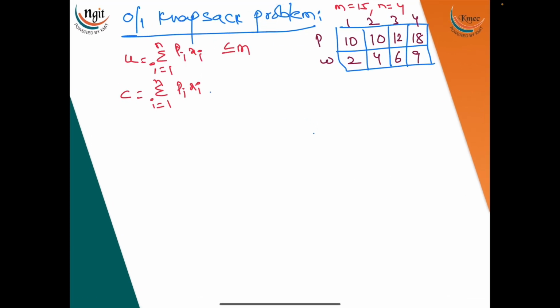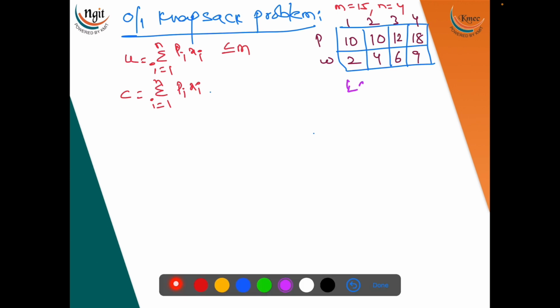So I'm going to generate a state space tree, and here I'll be using LCBB. What do we mean by LCBB? Least cost branch and bound method. In the previous video on branch and bound, we discussed that there are 3 different strategies to generate a state space tree in the branch and bound algorithm.